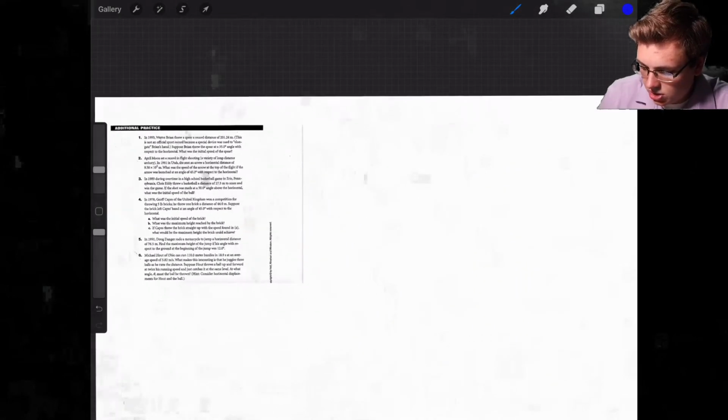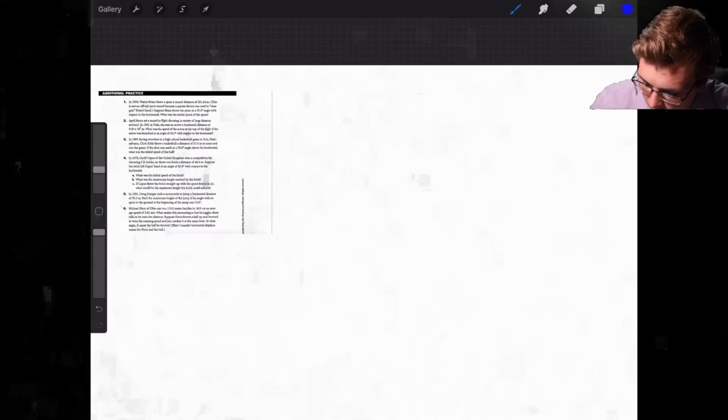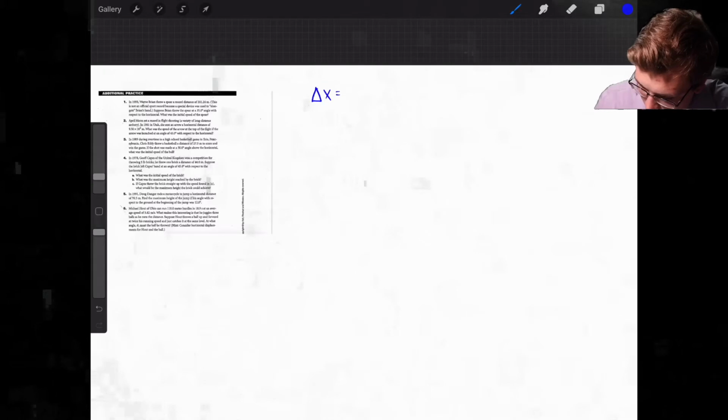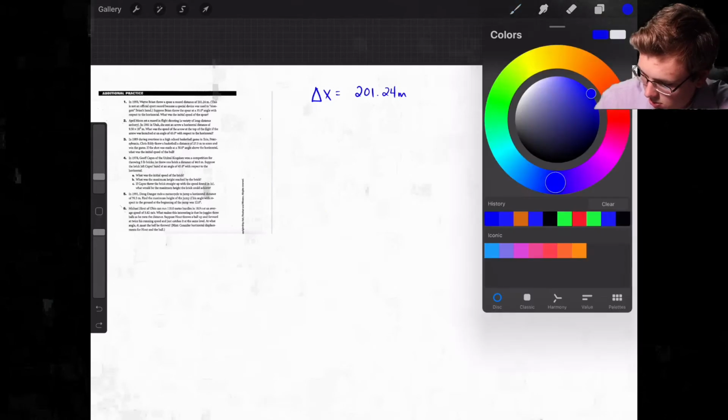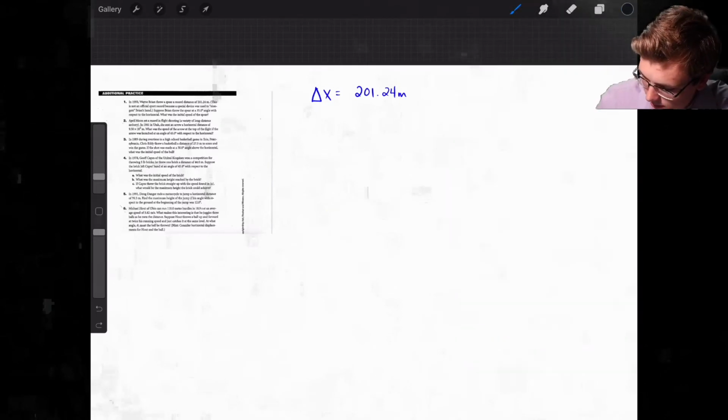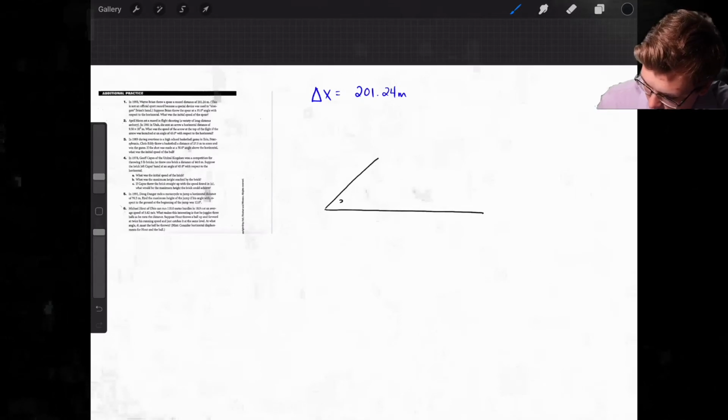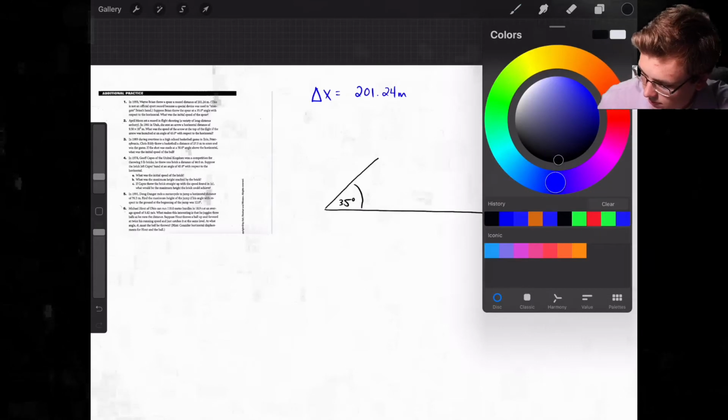First, I'm going to start by writing down my givens: 201.24 meters. And then I'm going to draw a picture. Let's say my picture, with 35 degrees as my angle.